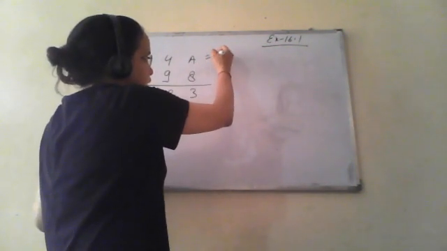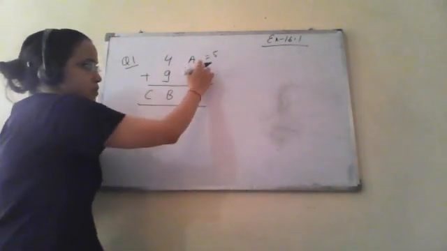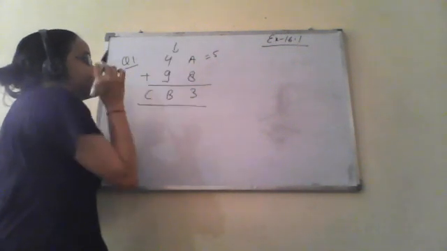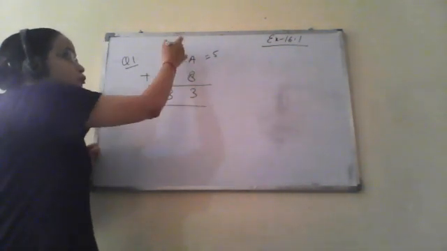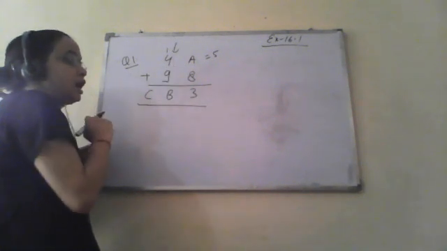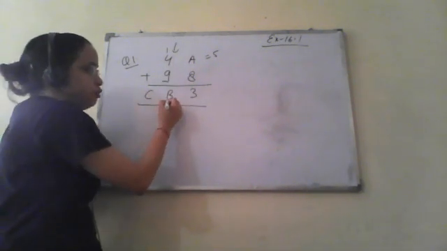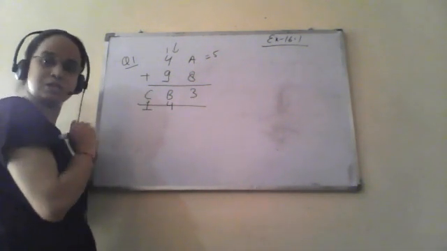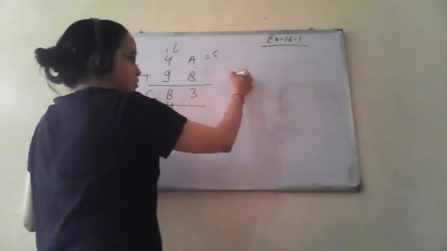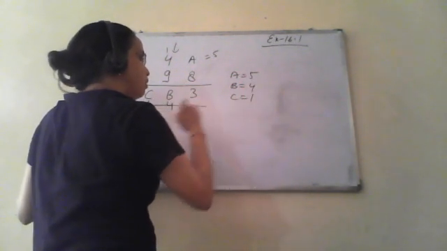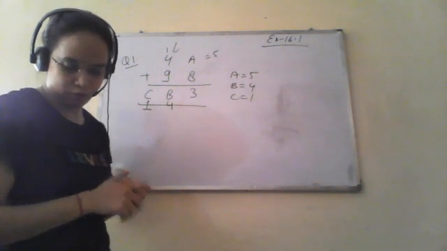So in place of A we have 5. 5 plus 8 is 13, we write 3 here and carry 1. So 4 plus 1 is 5, and 5 plus 9 is 14. So B equals 4 and C equals 1. So A is 5, B is 4, and C is 1. This way you have to do it.